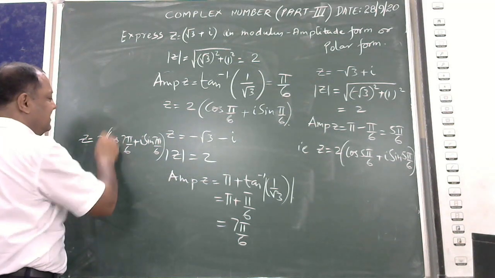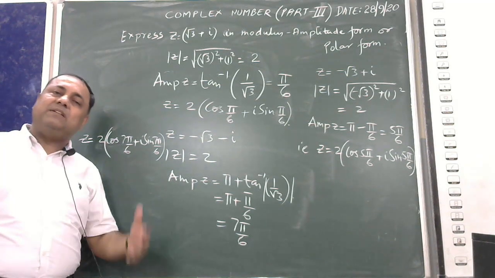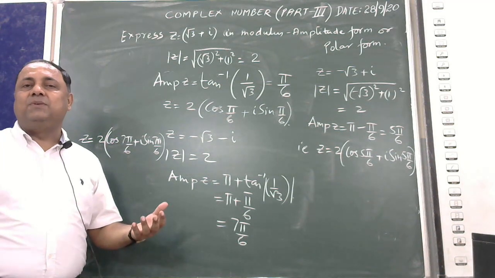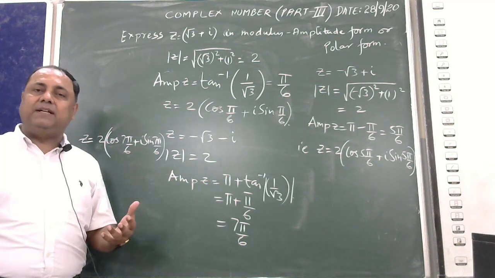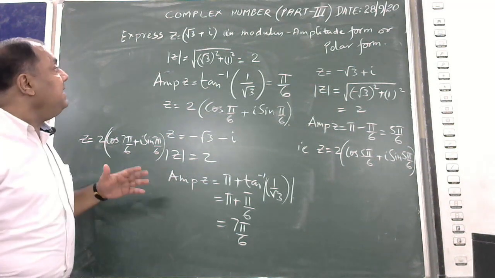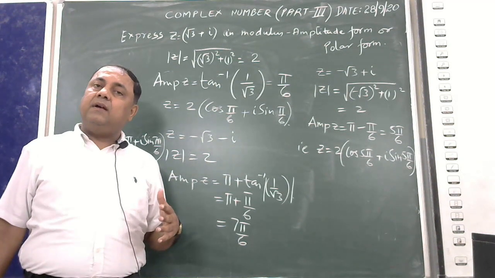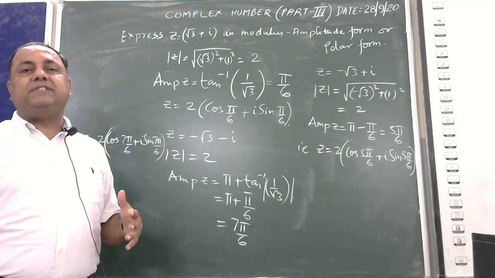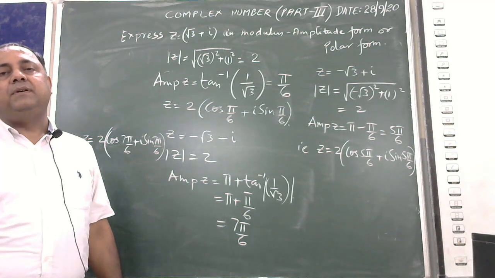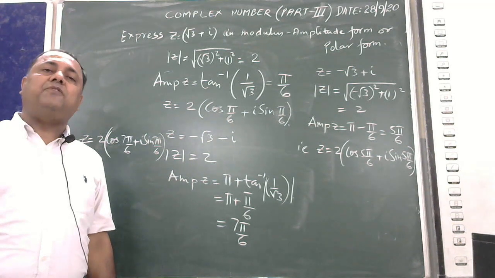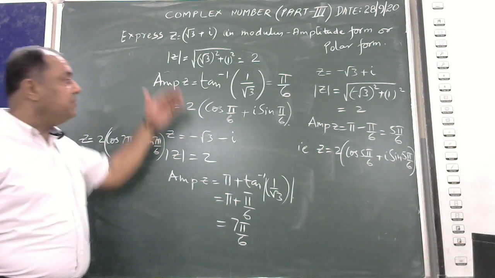Now you can determine it if the complex number is in the fourth quadrant, root 3 minus i. You can do it by yourself. So now at least it is clear that for any complex number given, I can determine its modulus, amplitude, and polar form.